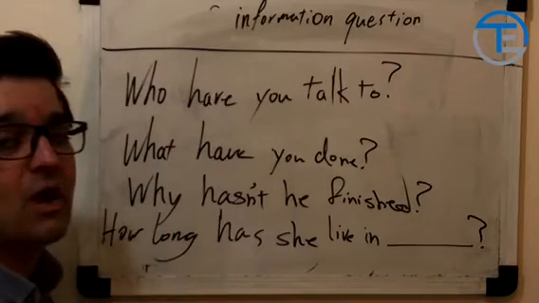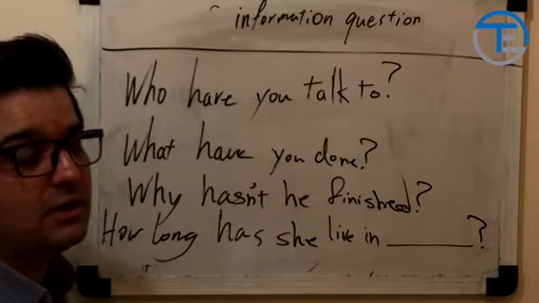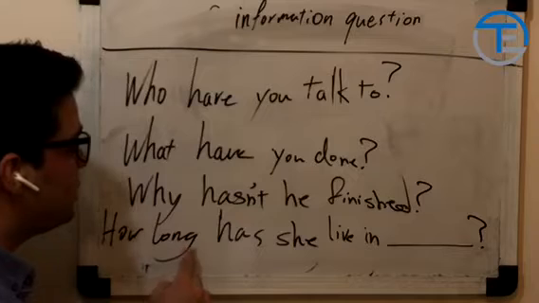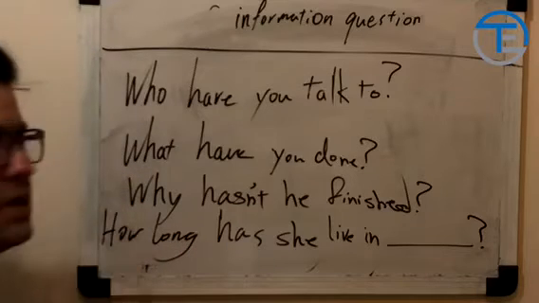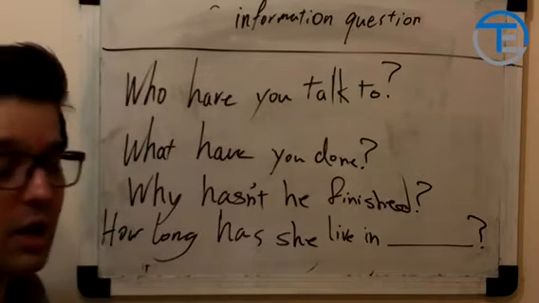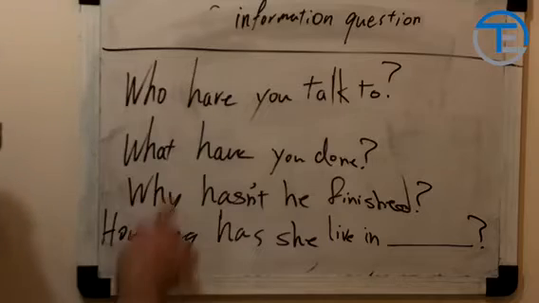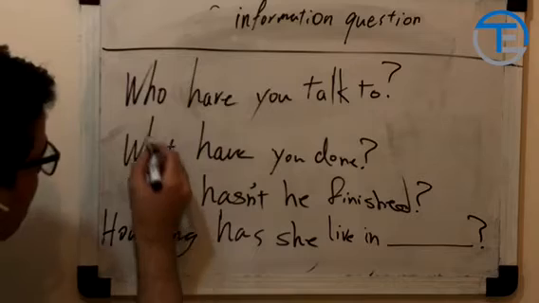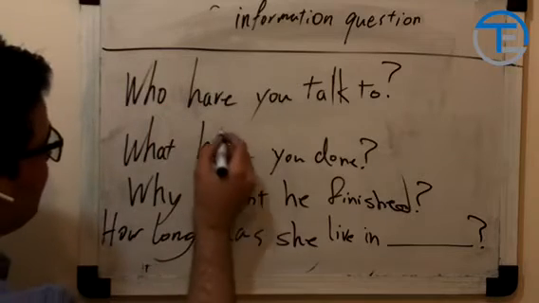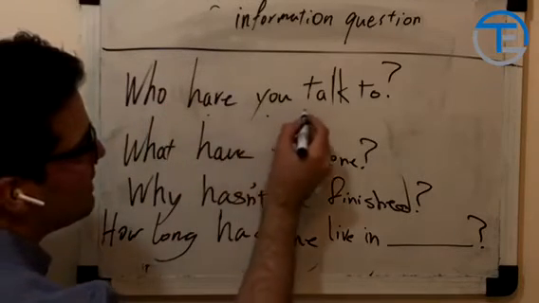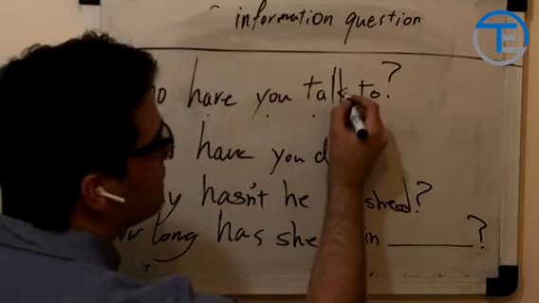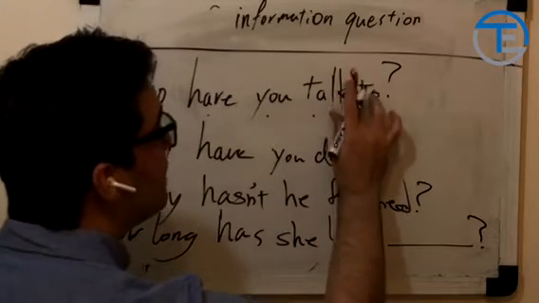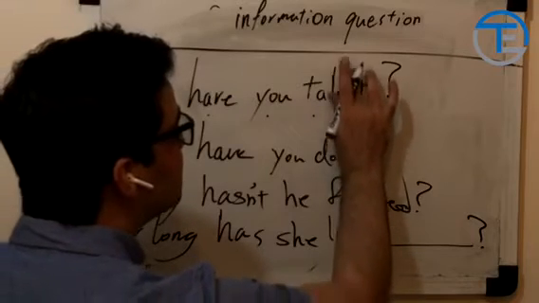Why, you can use it when you have a reason. How long, you can use it for a time. So if you see here, we have an information question, and then it's like talked. You have to write the past participle. Just remember that.